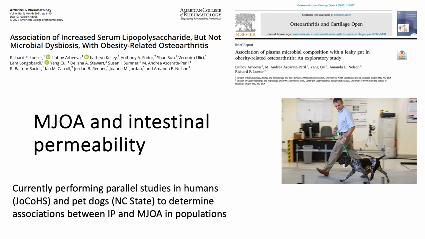And our hope is that if we can discover some unique features about MJOA and potentially intestinal permeability, that we may be able to design trials, perhaps in companion dogs, that would benefit both the dogs and their people who have multiple joint osteoarthritis. So this is an ongoing funded NIH study. Duncan LaSalle is at NC State. He's walking the dog in the picture and is my co-PI on that study, which we're very excited about.